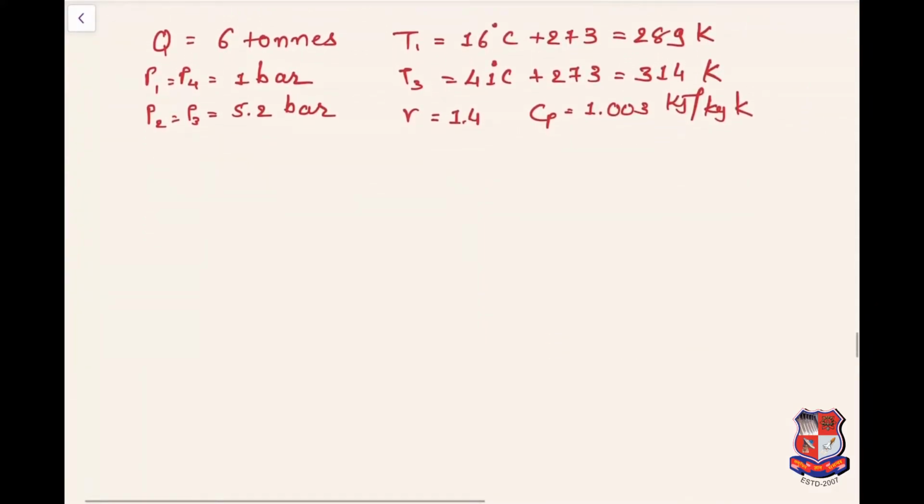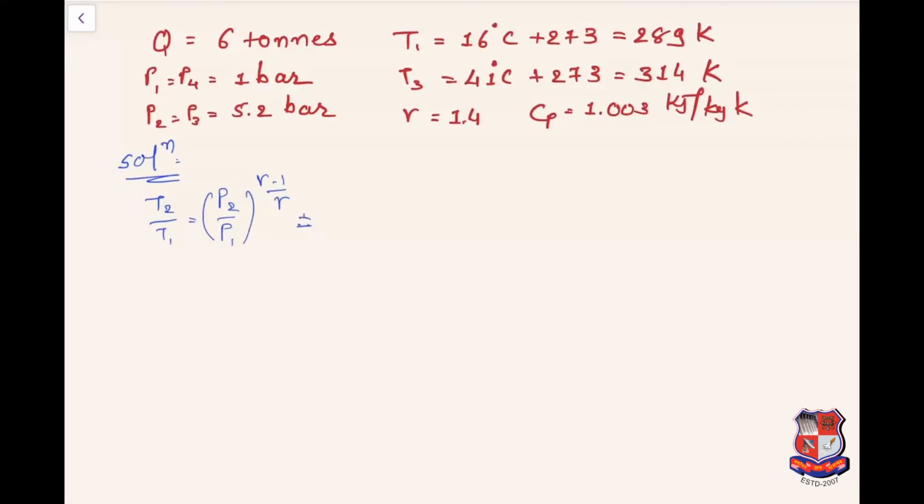So now we are starting the solution. So first, what we have to do, there are two cycle, compression and expansion, and both are isentropic, and for isentropic process T2 by T1 is equal to P2 by P1 whole raised to gamma minus 1 upon gamma.